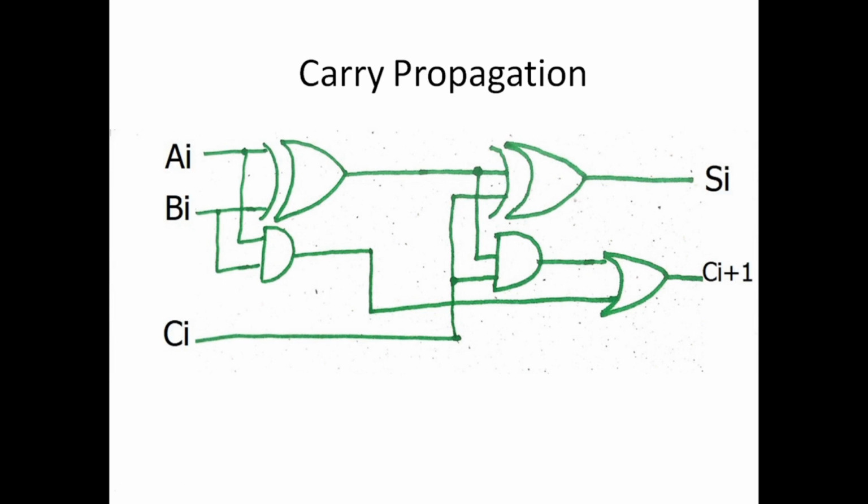If we generalize this circuit, then we would call the first bit Ai, Bi, Ci is the carry, and Si is the sum, and Ci+1 is the output carry. To make it specific for a particular position, we can use the value of i as 1 or 2 or 3 or 4, for as many as the number of bits in the numbers.